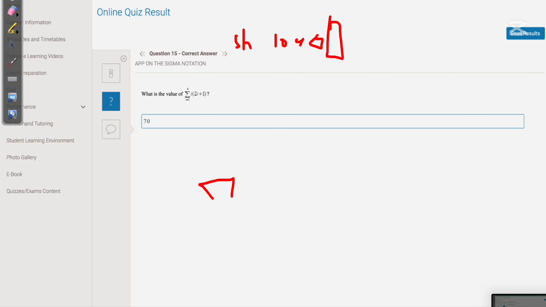To get the summation, at the top I put 4. Then at the bottom, where it shows x equals, put x equals 1, because that's what they said here. But basically, instead of i in the question, put x on the calculator.